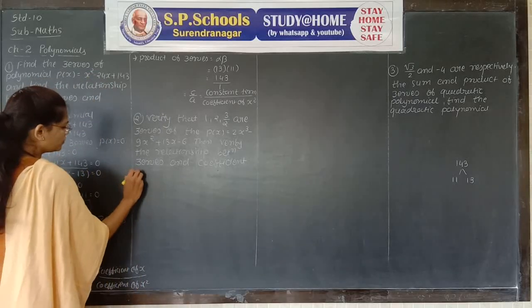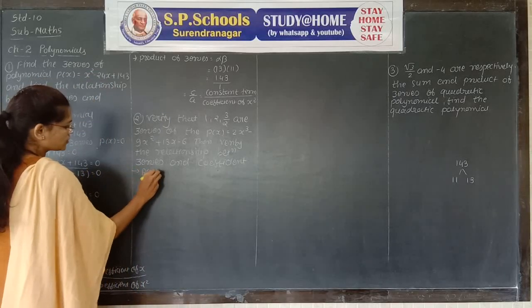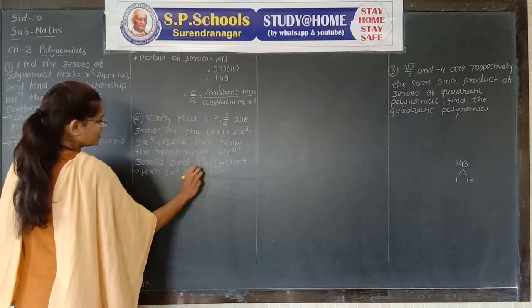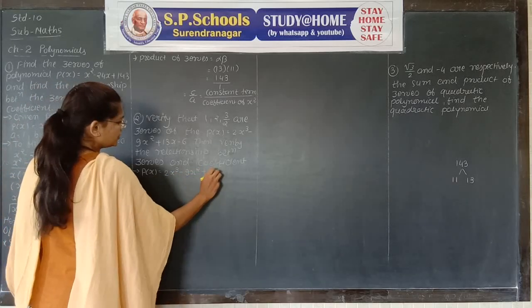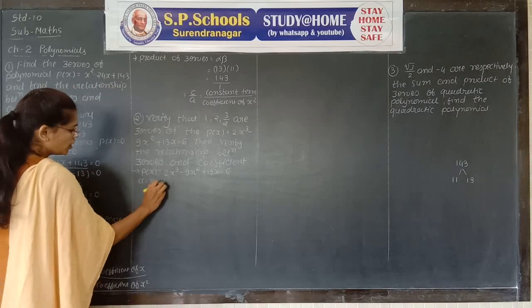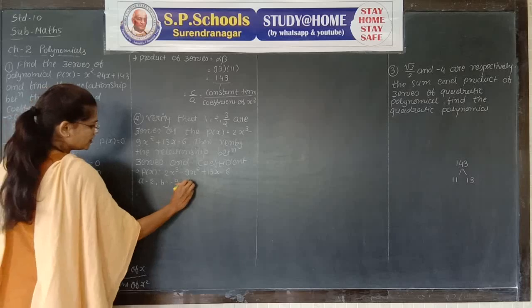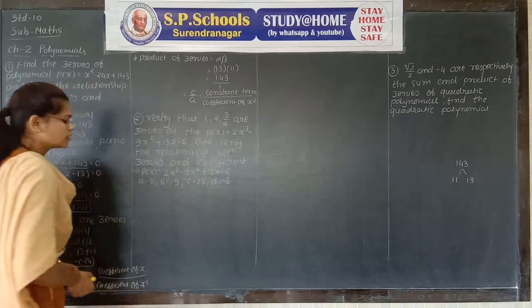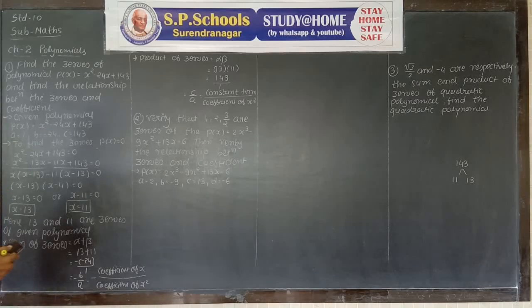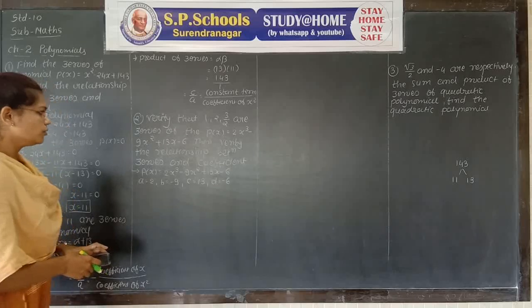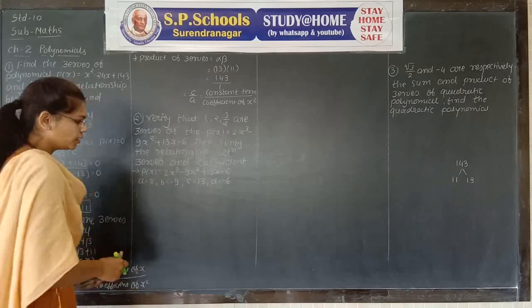First write the given polynomial p of x is equal to 2x cube minus 9x square plus 13x minus 6. Here a is equal to 2, b is equal to minus 9, c is equal to 13 and d is equal to minus 6. First we verify whether 1, 2, 3 upon 2 are the zeros of the given polynomial or not.